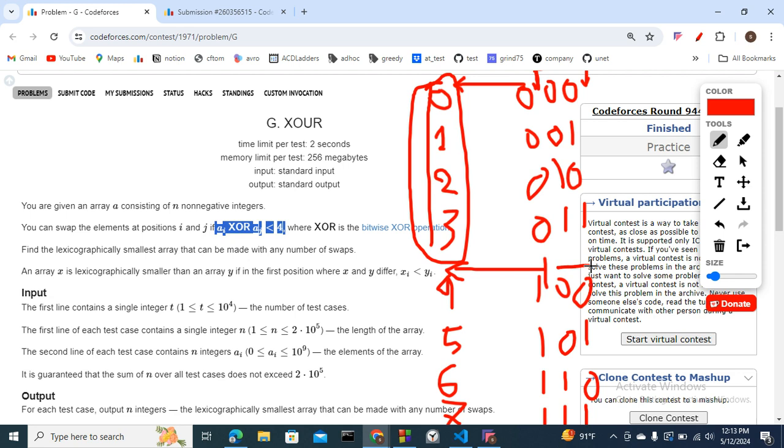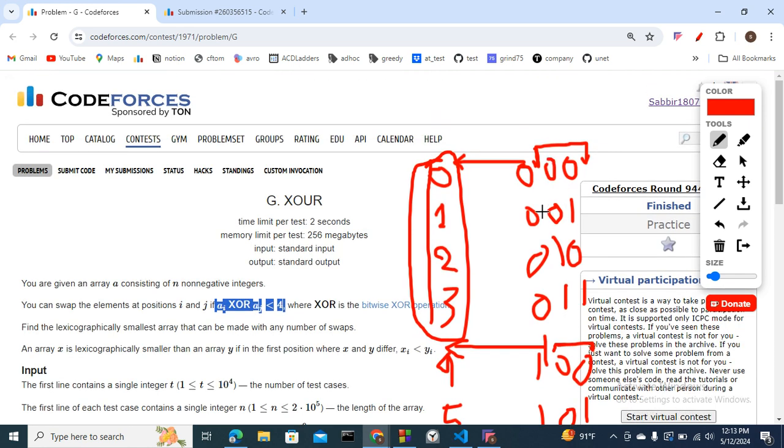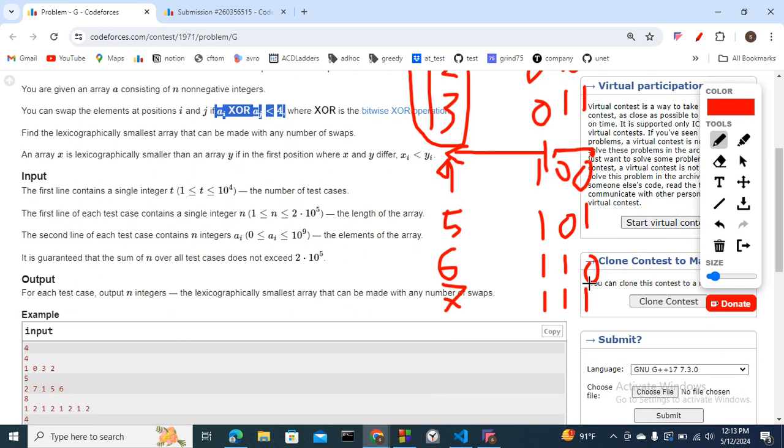The only change is in the last two bits, which is very similar to the last two bits of 0, 1, 2, 3. So for these four numbers, if we take any two, their XOR will be less than 4.